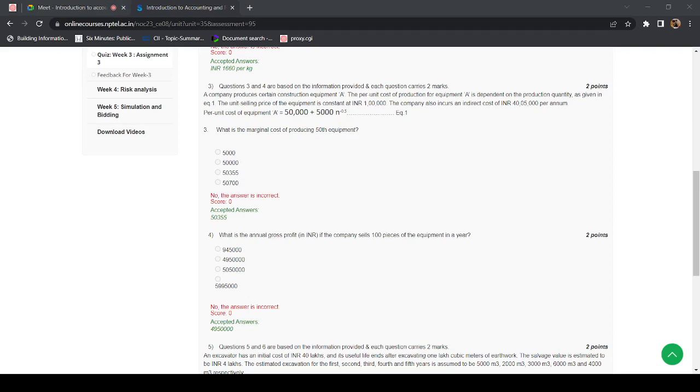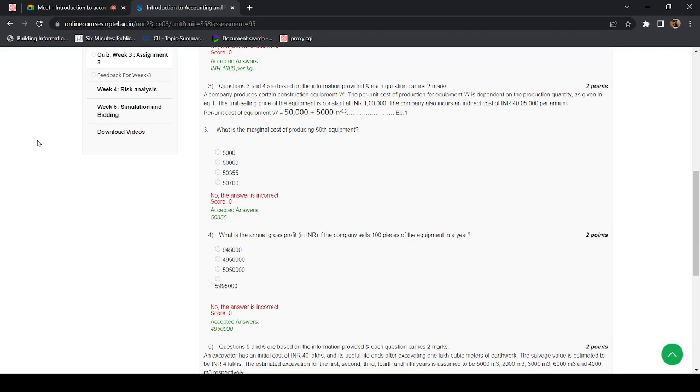So UDC has been given to you as 1 lakh, and total cost has been given as 50,000 plus 500 by under root n, right? So marginal cost for producing 50th equipment, either you can calculate it till 49 and for 50 and subtract it, or you can do it by calculus.